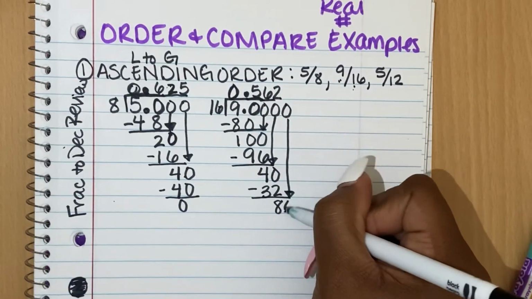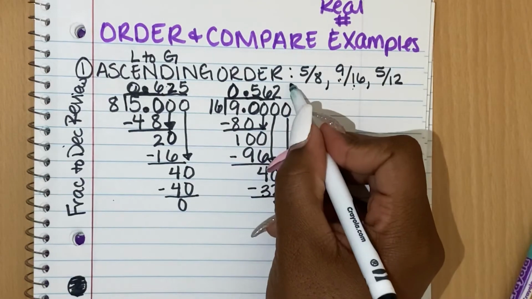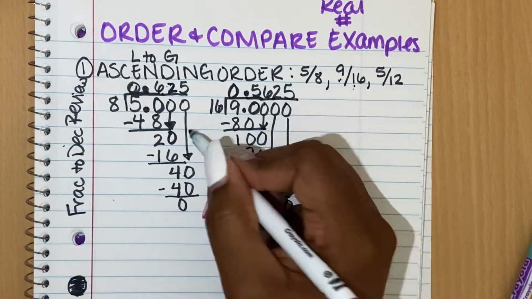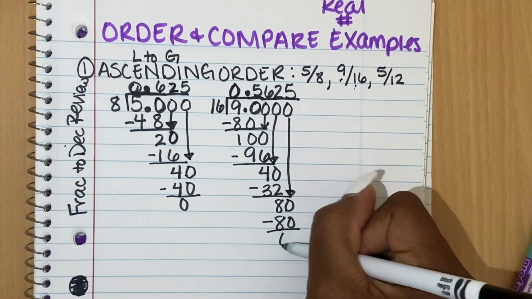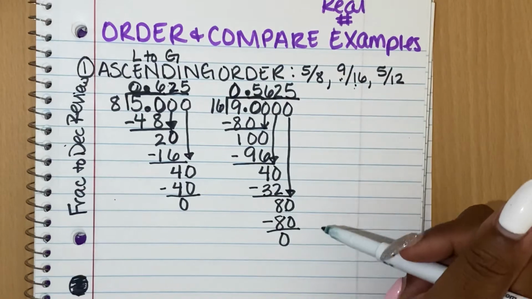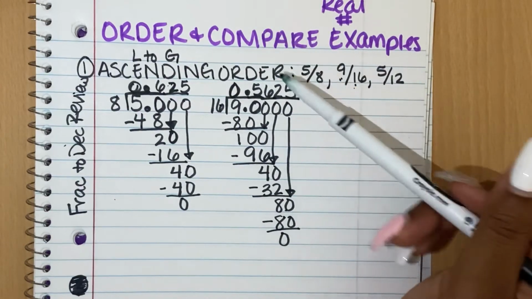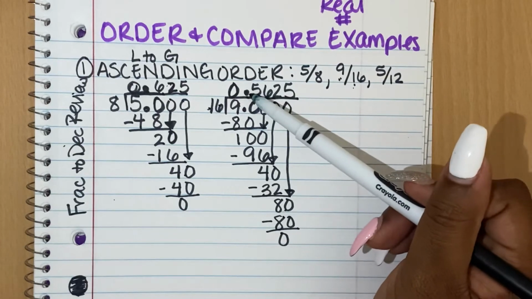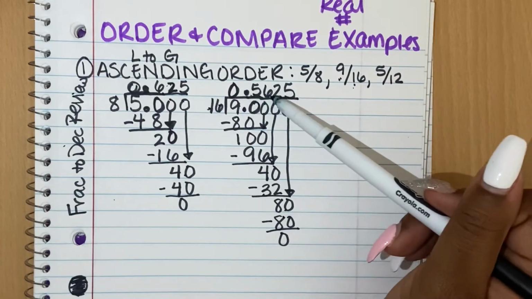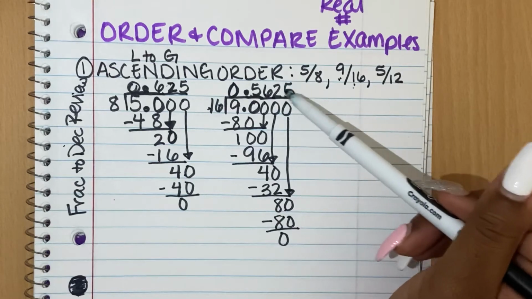Bring it down. 16 can go into 80 5 times, because 5 times 16 is 80. 80 minus 80 is 0. We're done dividing. And 9/16 is equivalent to 5,625 10,000ths.